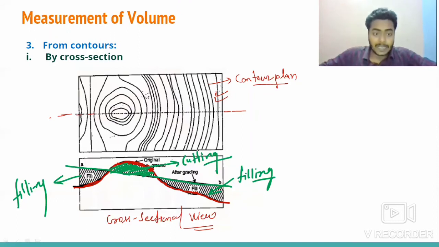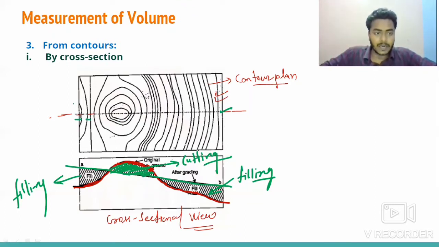Okay. So once you have the area at a particular section, like this one, now what we will do, we will draw a cross section at a particular interval. We will fix the interval like 1 meter.